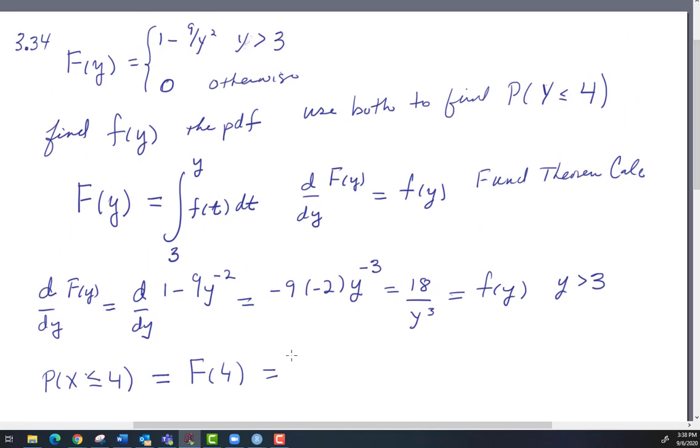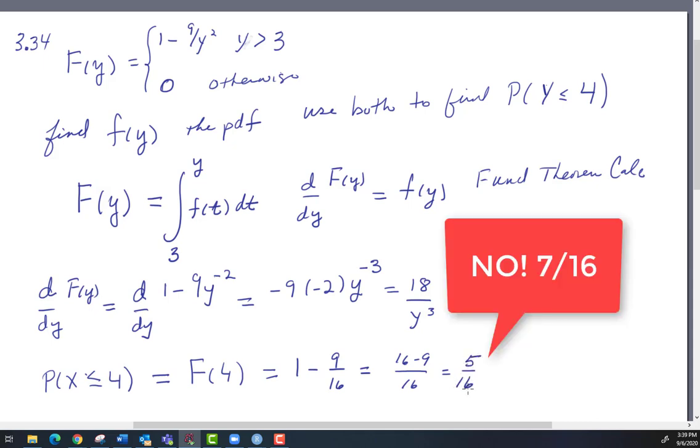The distribution function evaluated at 4 would be 1 minus 9 over 4 squared, which is 1 minus 9 over 16, which is 16 minus 9 over 16, which is 5 over 16.